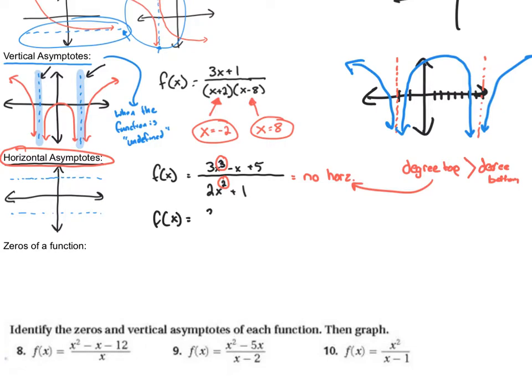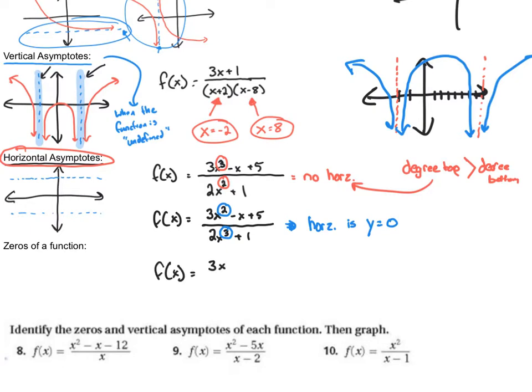If it's the other way, let's say it's 3x squared minus x plus 5 over 2x cubed plus 1. If the degree on the bottom is greater than the degree on the top, the horizontal asymptote is y equals 0. It's literally right down the middle of the graph. Okay, so then what is the last one?